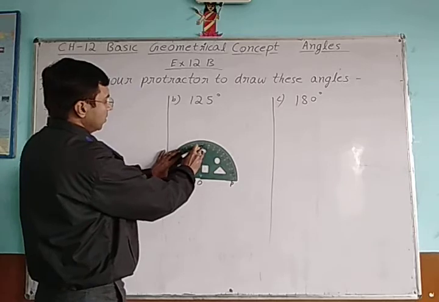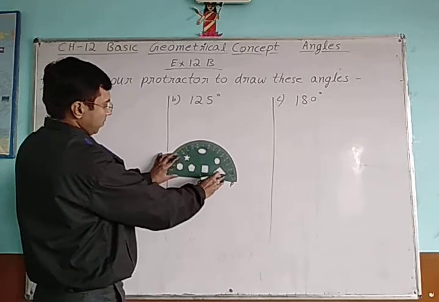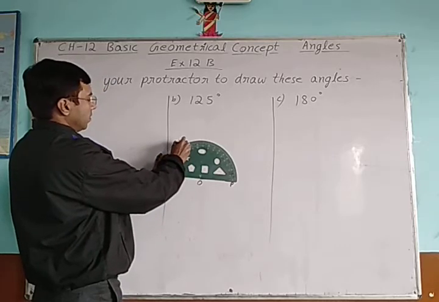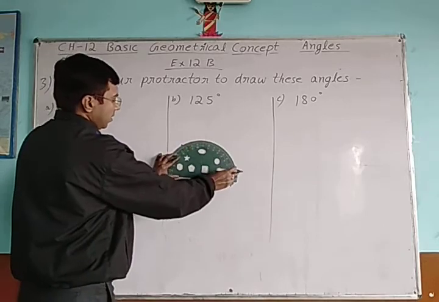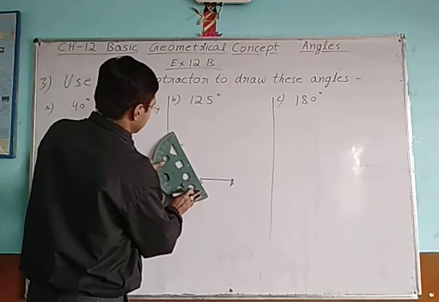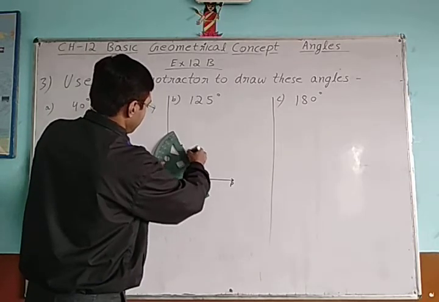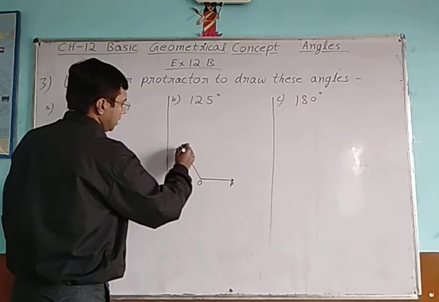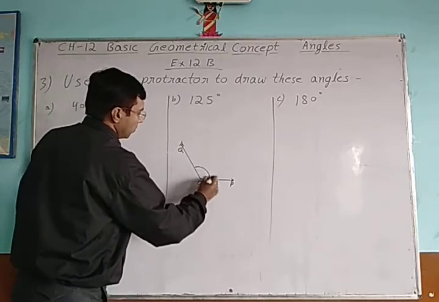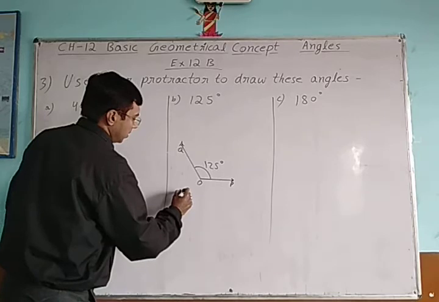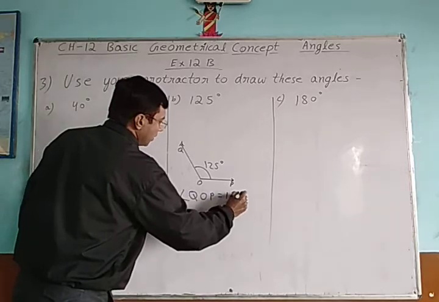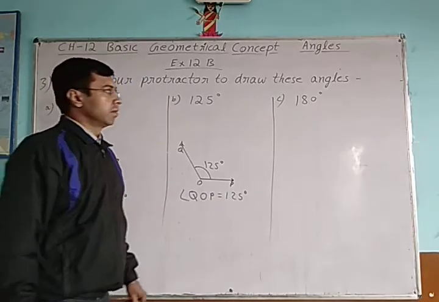This is 90, 100, 110, 120, 1, 2, 3, 4, 5. Clear? Now join it. Name it Q. So 125 degree. Angle QOP, 125 degree constructed.